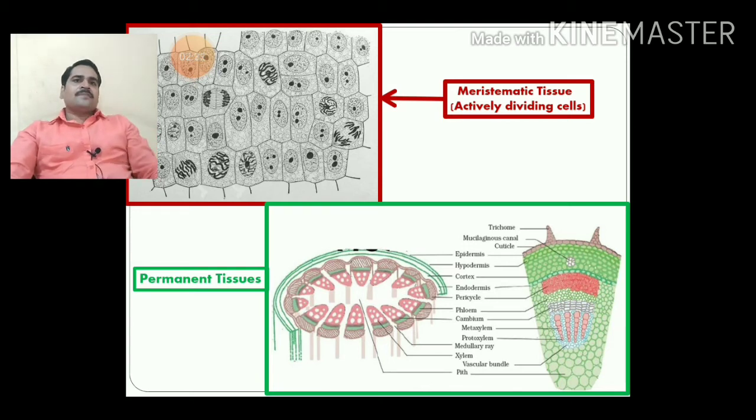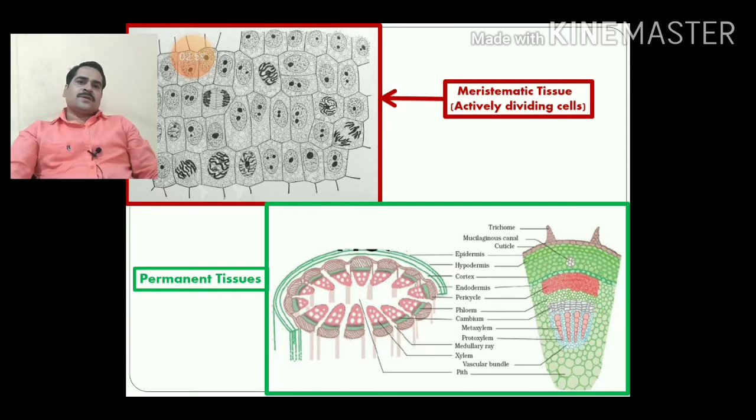This diagram is of root apical meristem of onion root tip, and here you can see different types of dividing cells. In the lower diagram you can see permanent tissue. In this diagram, a transverse section of dicot root is shown, and you can see vascular bundles are arranged in a ring.